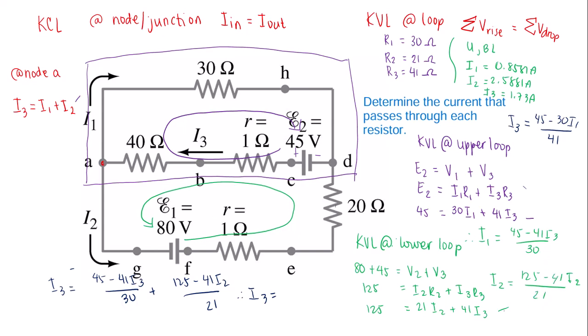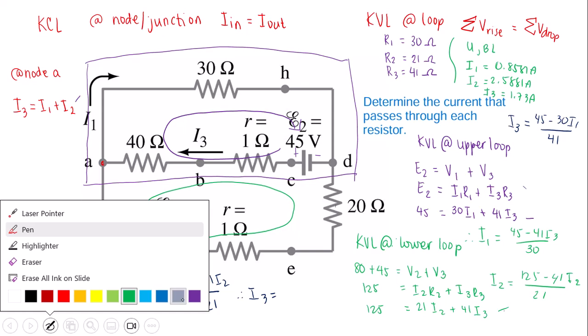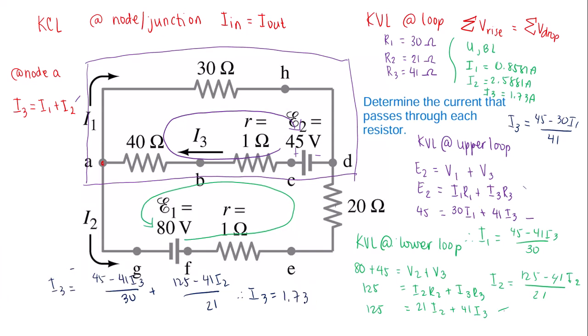So getting so we have a value of 1.73, which is the same as our answer earlier here. And after plugging in, we should get about the same values.